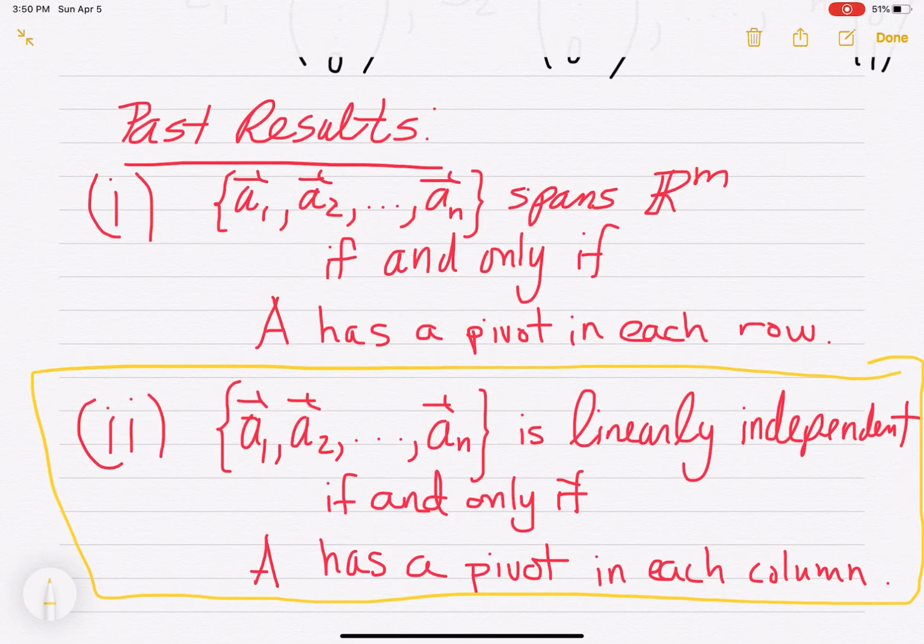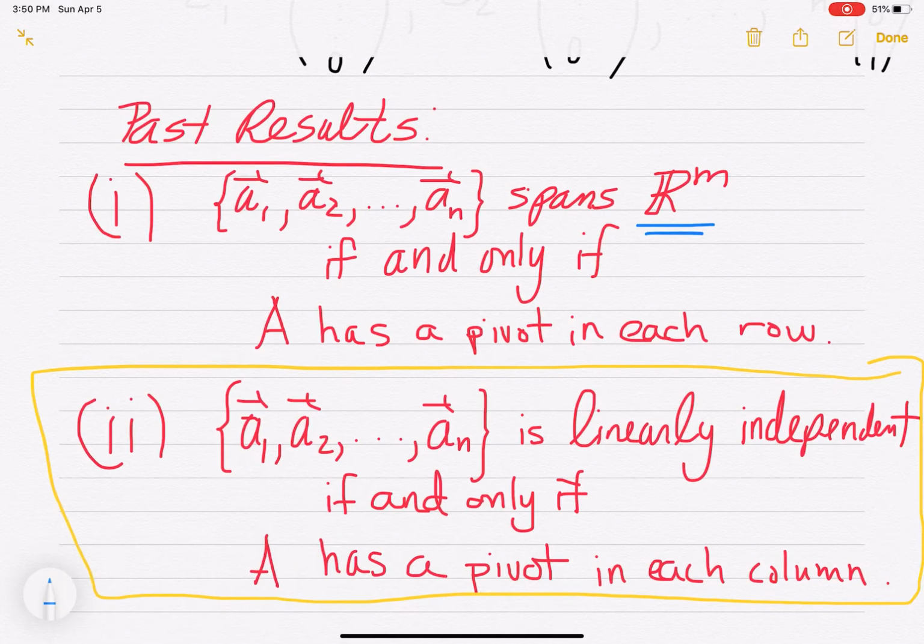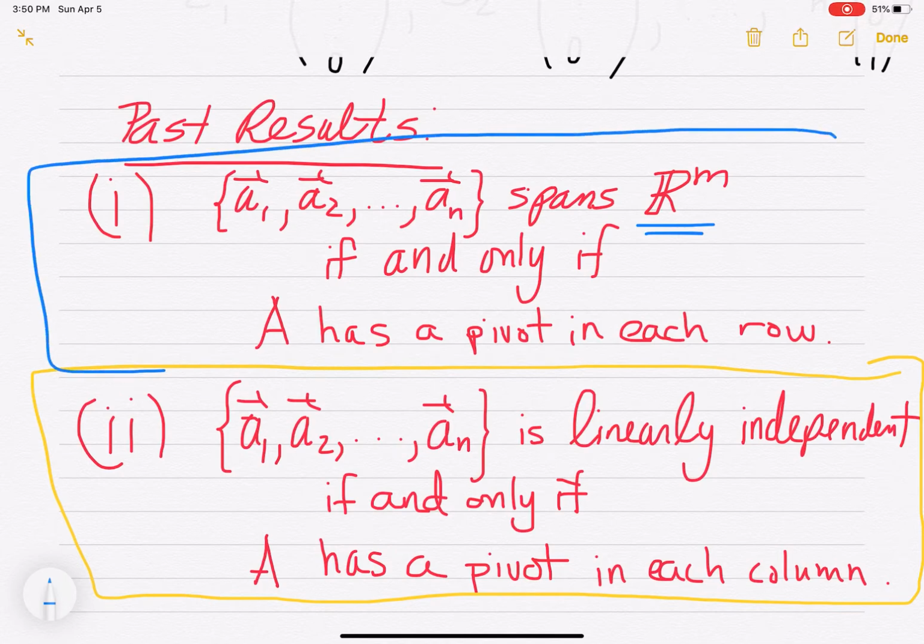Now, a lot of times we're not going to be testing for spanning Rm. Sometimes we're going to be testing for other subspaces, but anytime you're testing for spanning Rm, or you could change that to Rn, it doesn't matter if you use m or n, just let there be the same number of rows as columns, essentially, you can use this criteria. But that is only limited when you're trying to span Rm.